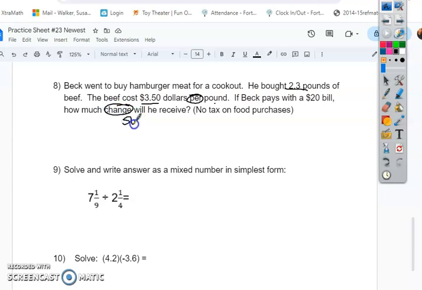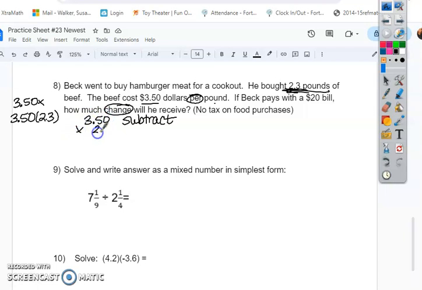So, guys, that means we subtract last to figure out how much he gets. But remember, $3.50 per pound. $3.50 per pound. Right? What do I know about the pounds? The pounds are 2.3. So $3.50 times 2.3.